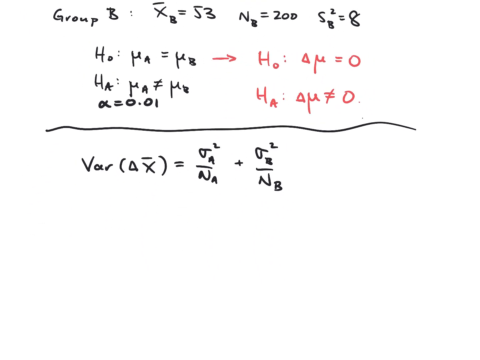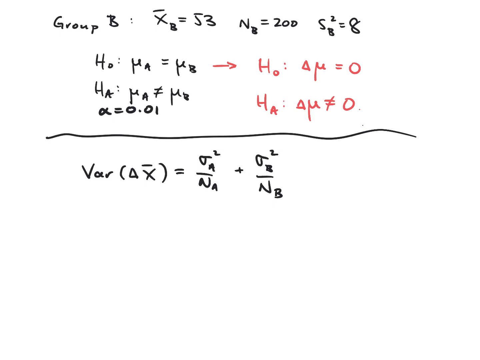Now, keep in mind, what we use in the formula is actually the square root of the variance in X bar.